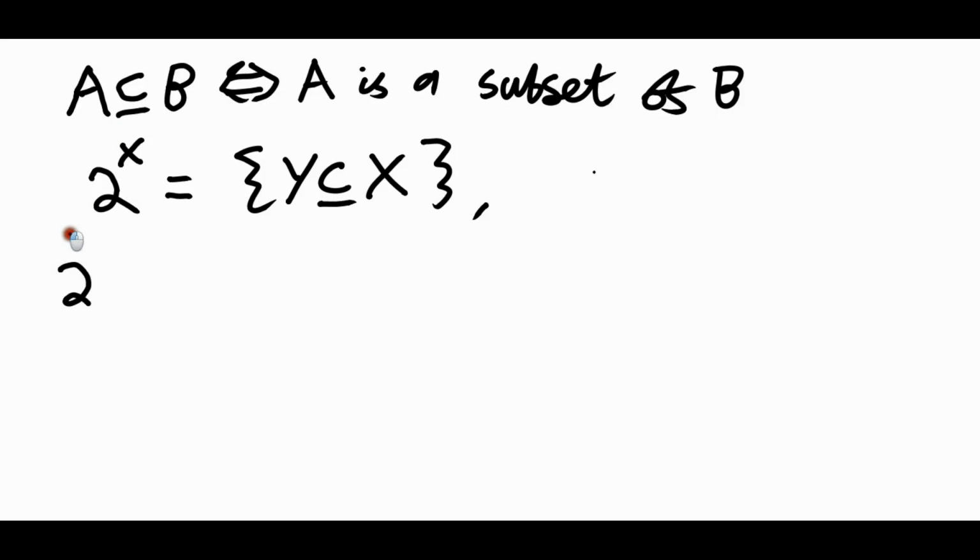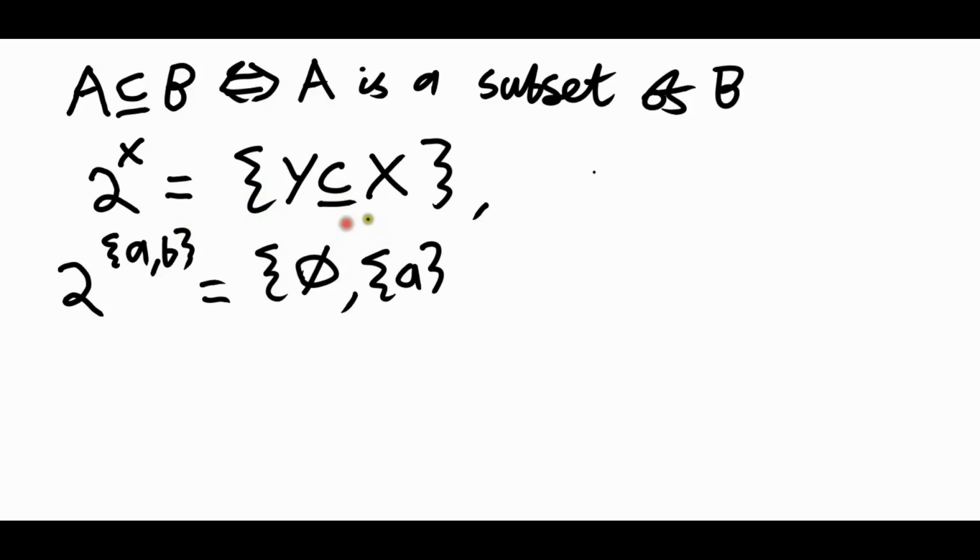If we have the set containing a and b, then the power set of that, which we write as 2 to the {a, b}, will be the set which contains the empty set, {a}, {b} and {a, b}.